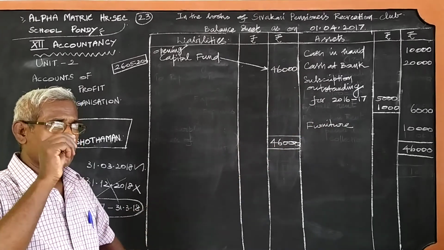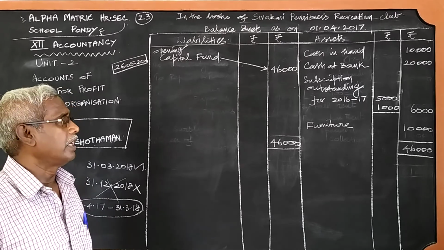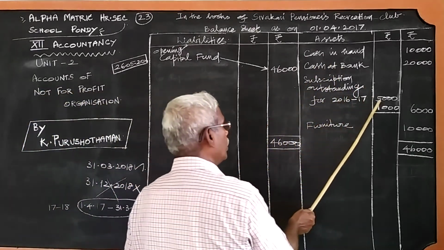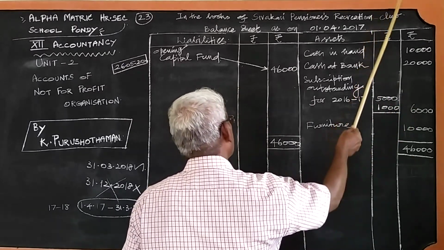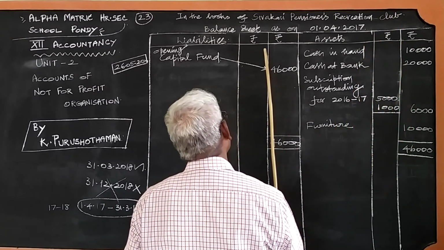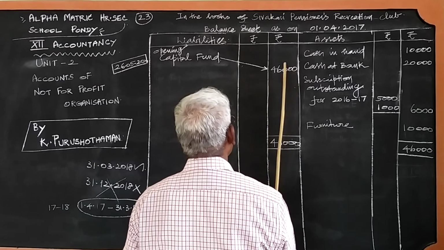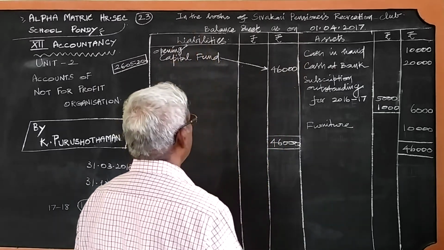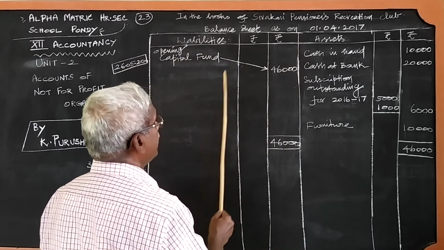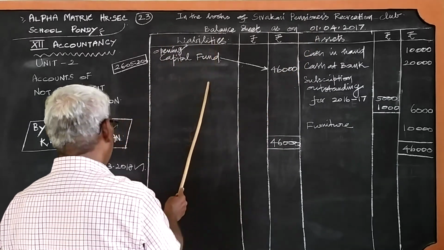Still not yet received 1,000 rupees for 16-17. So you write this also, totally 6,000. So on the asset side it is 46,000. On the liability side there is no such item. So the balance sheet figure is 46,000, which is called capital fund. Since this capital fund is in the beginning of this year, we can write it as opening capital.